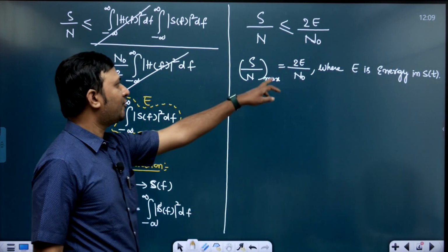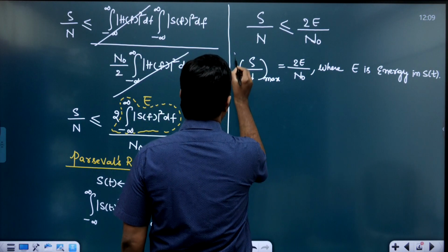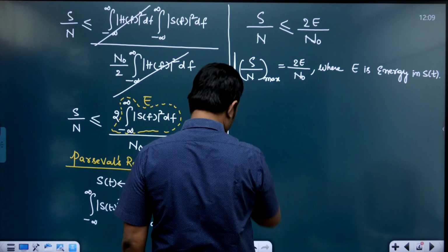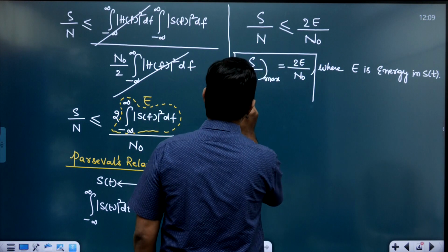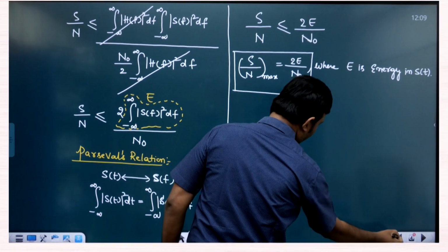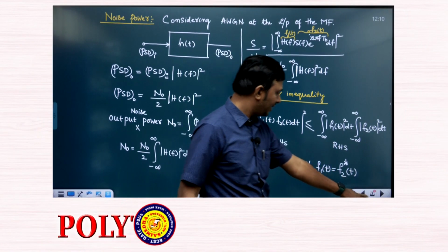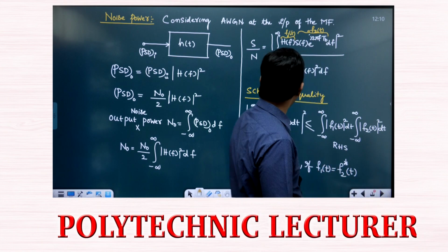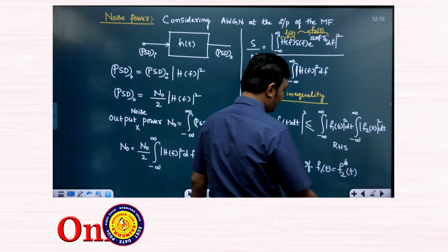Here, the equality I kept, no? So the equality I kept means what? The LHS in the Schwarz's inequality, what we discussed, the LHS is equal to RHS when f1(t) is equal to f2 star of t. So f1(t) is equal to f2 star of t means, let us find out.